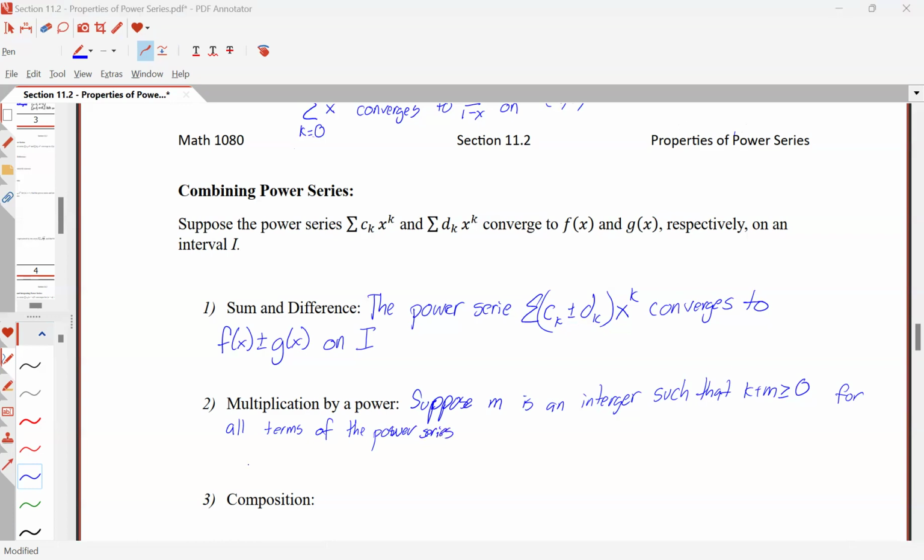Then if I take x to the m and multiply it by our series, c sub k x to the k, this is the same as the series c sub k x to the k plus m. So I can multiply a power in and combine exponents.